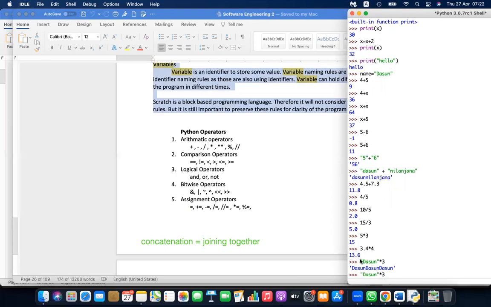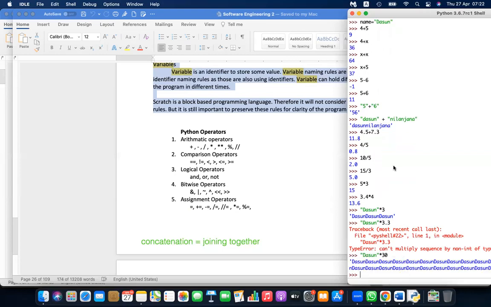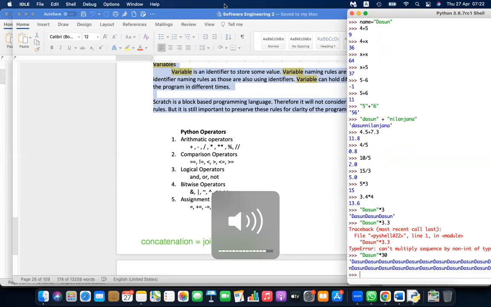And this cannot be a floating point, this should be an integer value. So if you want to concatenate using multiplication, one literal should be a string and the other should be an integer. Understood?